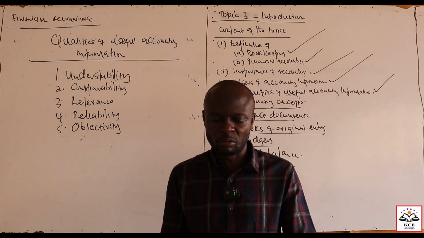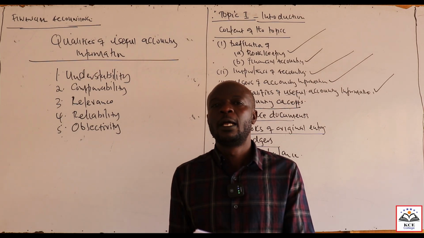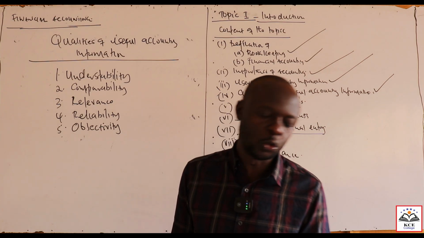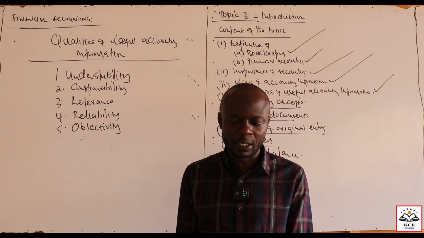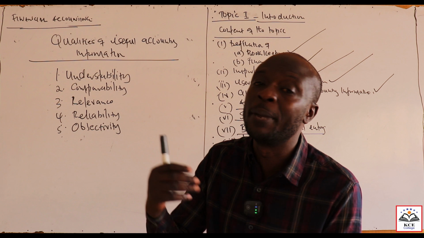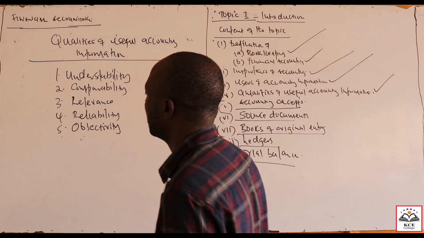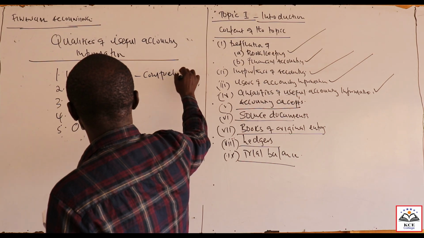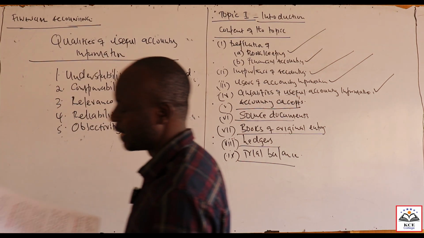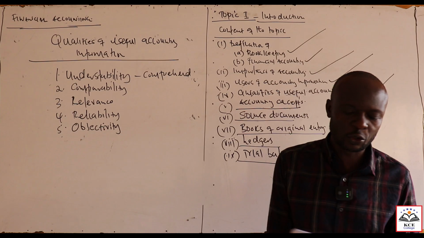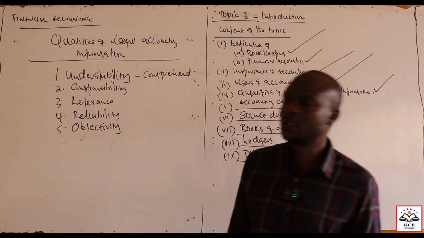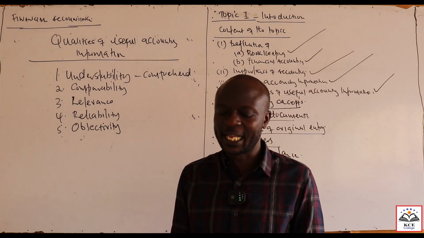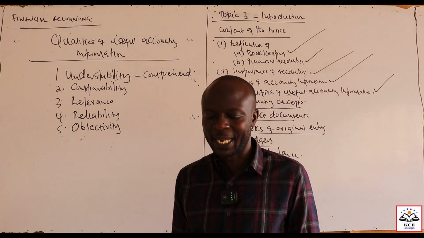When you analyze the statement of any entity, you should be able to understand it. So they should be made in such a way that you are able to comprehend. To understand means, are you able to comprehend? For information to be useful, it must be comprehensible.